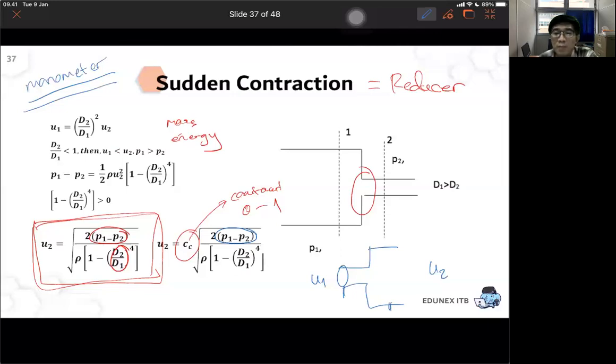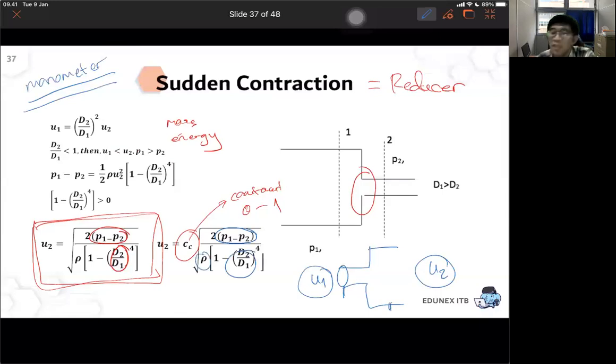And then you make some correlation. You vary the velocity, or for example, you measure the velocity at point 2 by using flow meters. And then you calculate the pressure difference. This value is constant, right?